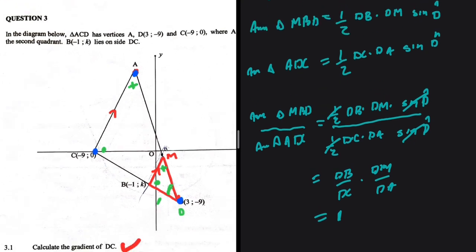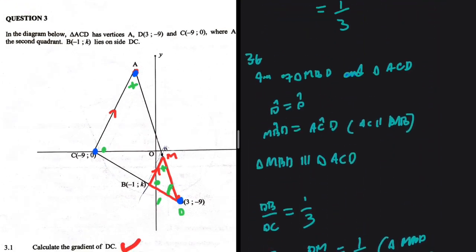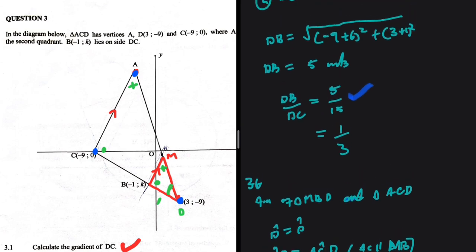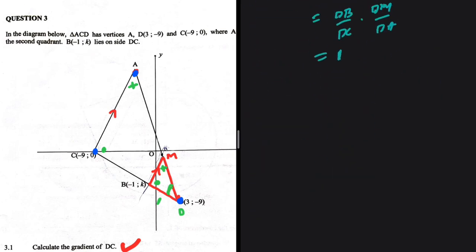Let me make sure that I'm not making any mistake here. From D to C, is it 3 units? From D to C, we had 15 here, and from D to B we had 1, right? So okay, everything is fine.